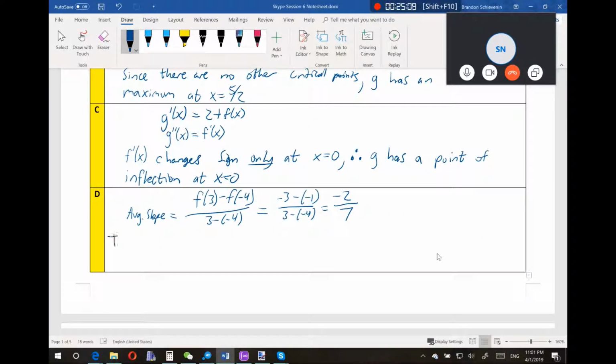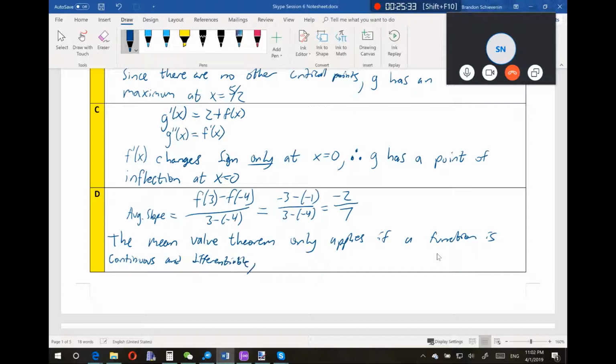Okay, so I can write something like the mean value theorem only applies if a function is continuous and differentiable. But f of x isn't differentiable at x equals -3 and x equals 0.